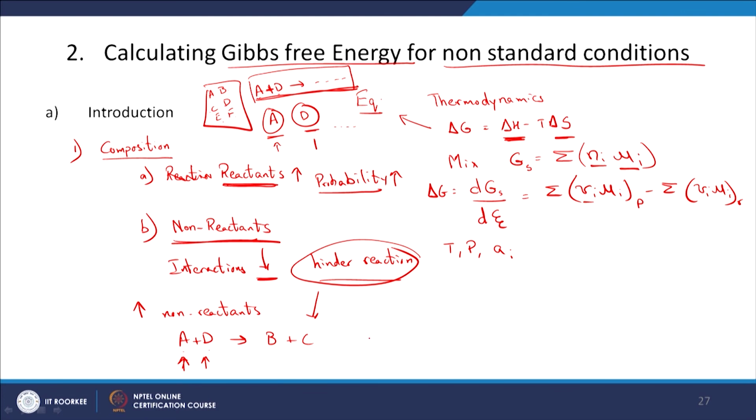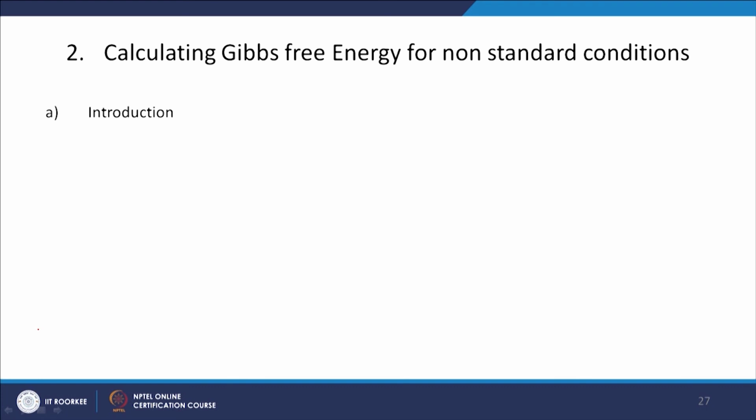But the greater the concentration of other non-reactants such as B, C, E and F, the more they affect the interactions between A and D, and thus you are going to have hindrance to your reaction. Again, this is generic background that we are going to look at. So obviously the composition of your particular system is an issue, and let us see what else we have here.